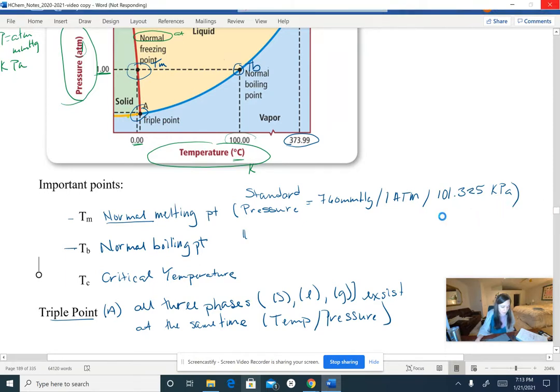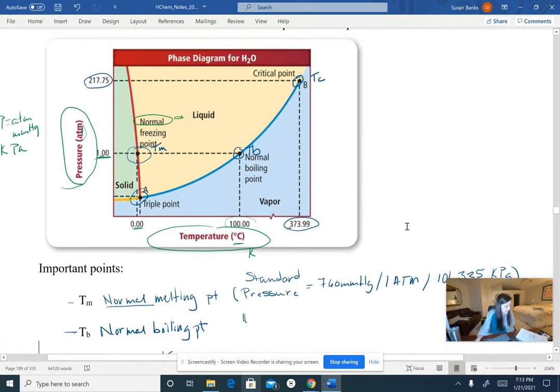I'm going to look at the 50 degrees Celsius mark, and I'm going to look also at the 2 atmosphere mark. So here we've got 100 degrees and 0 degrees. So 50 degrees is going to be halfway in between here.